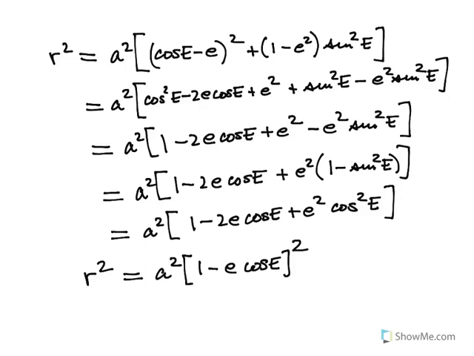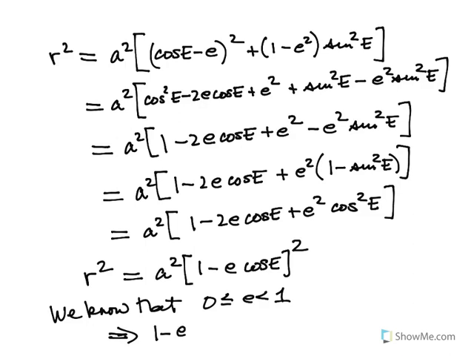Now, there are a couple of things that have to be noted here because we're dealing with an ellipse, right? So we know that 0 is less than or equal to e is less than 1. So that implies that 1 minus e cosine of E has to be greater than 0, because we know that the cosine function goes between negative 1 and 1, and there's no way that this can ever be less than 0.